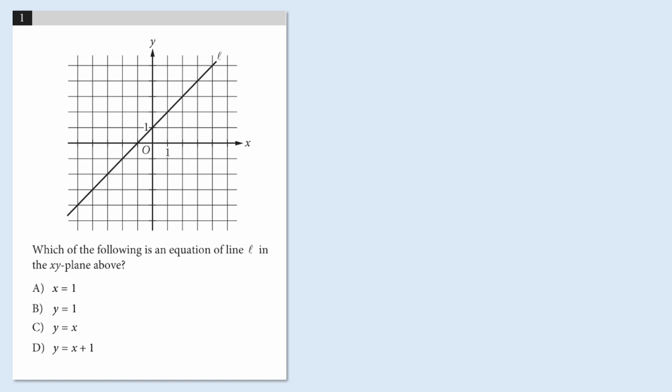So whenever you have a linear equation, and I think you guys know that those will generally appear in the format of y equals mx plus b, or can be manipulated to be in that format, you have the y-intercept, which is b, and you have the slope, which is m.